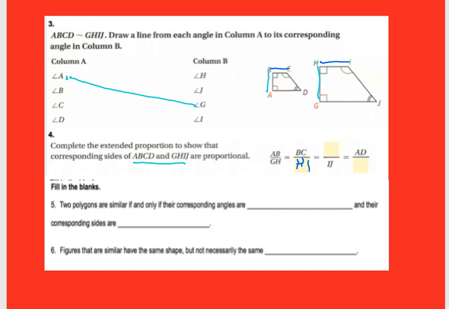Who said that? Donnie Martin. Thank you, Donnie Martin. Okay. That's a Q, not a G. I don't know why I put a G. Equal, yes. Okay, what's another word for equal? Congruent. Congruent, yes.